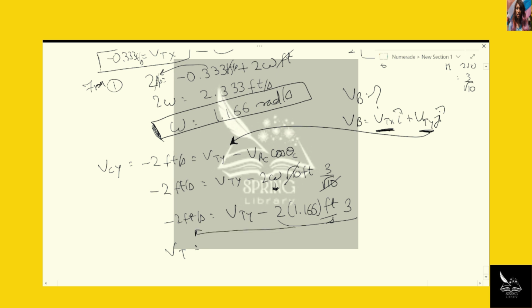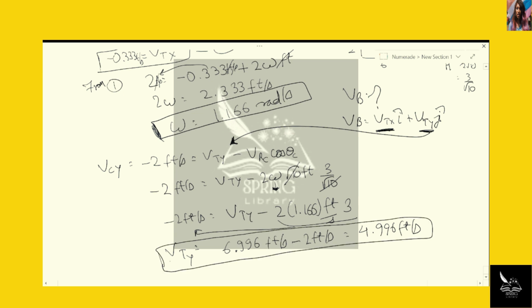So 2 threes are 6, and so on, which gives 6.996 feet per second minus 2 feet per second. So this is VTY. So VTY is 4.996 feet per second.